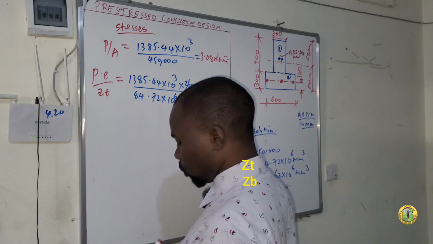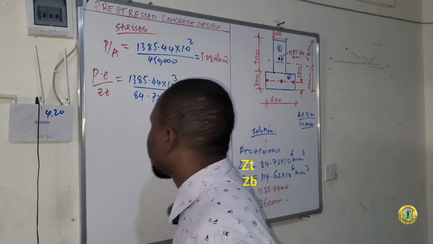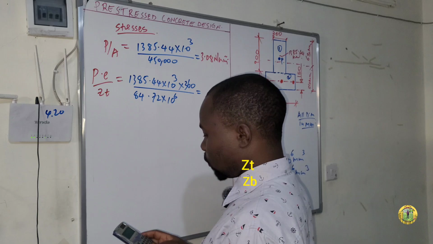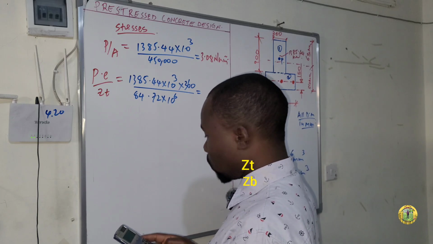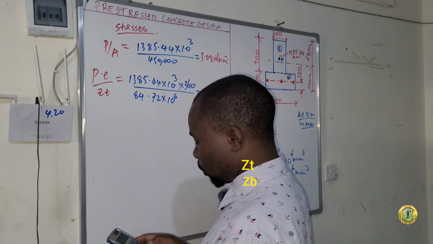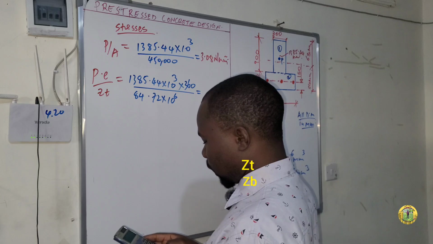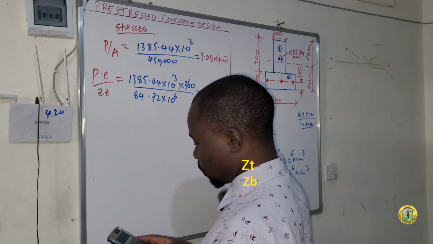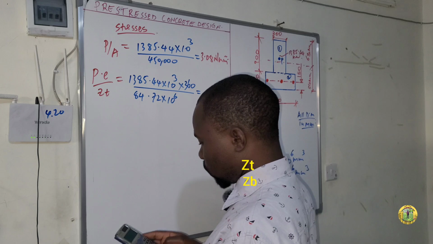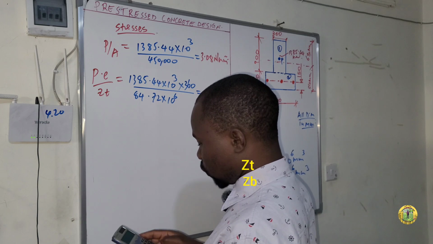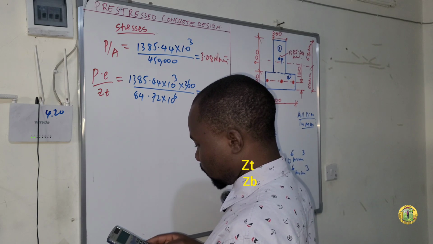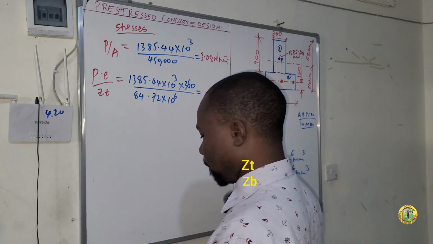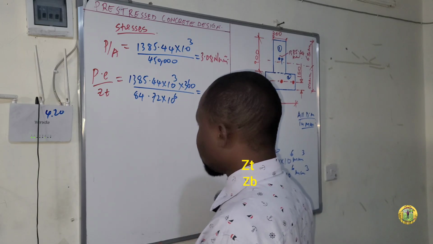So let's carry out the operation: 1385.44 times 10 to the power of 3 times 360 divided by 84.72 times 10 to the power of 6. So the answer is 5.89.